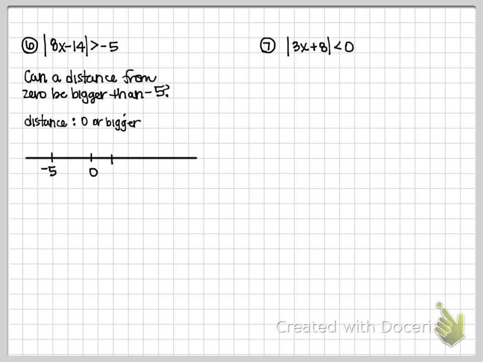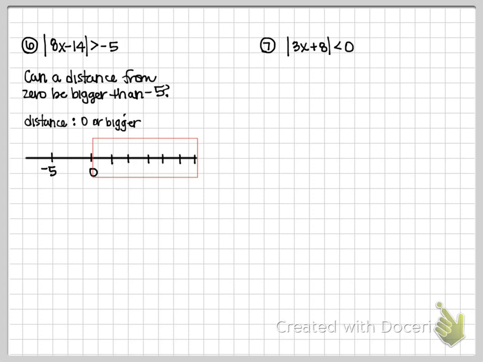All of the numbers to the right are positive numbers. All of the numbers over here are greater than or bigger than negative 5. And all of those are the possible distances just in general. So can a distance from 0 be bigger than negative 5? Yes, absolutely.